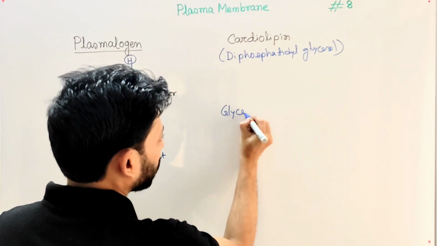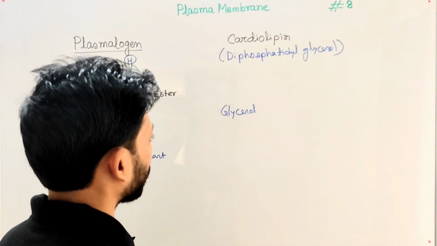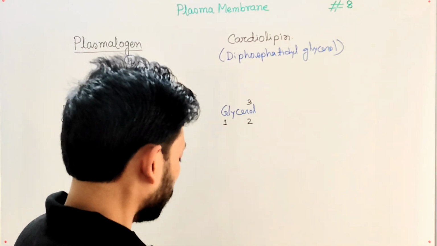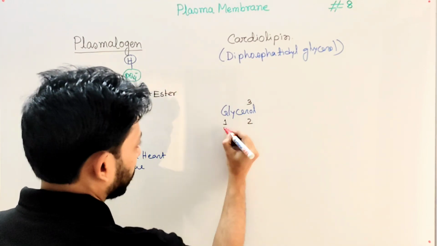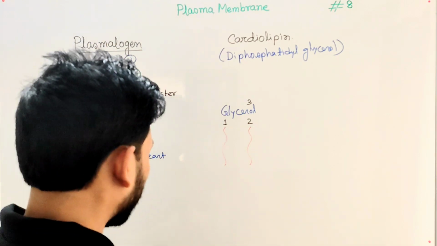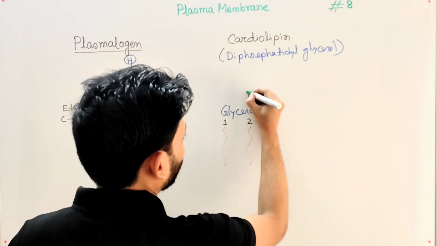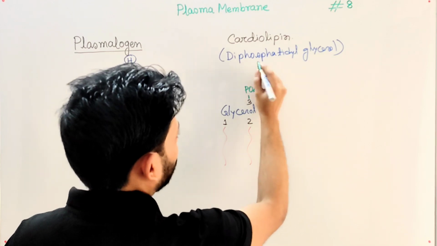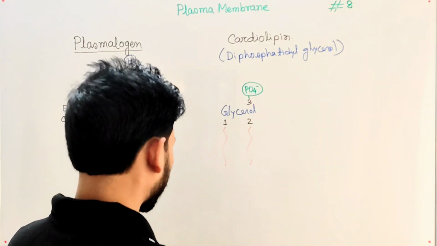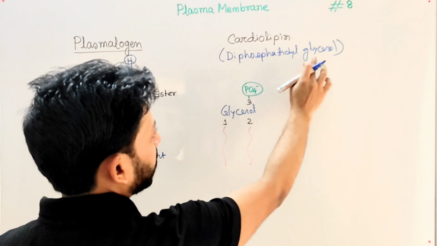Here glycerol is present because glycerol is the backbone, so glycerol will always remain. With the first carbon one fatty acid chain is attached, with the second carbon a fatty acid chain is attached, similar to this. With the third carbon one phosphate group will be attached, and the head group will be glycerol. That's why it's called phosphatidylglycerol.